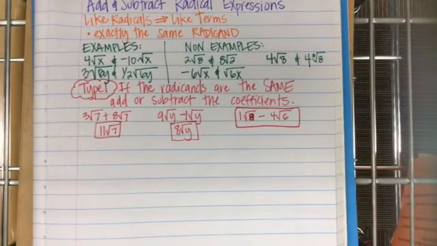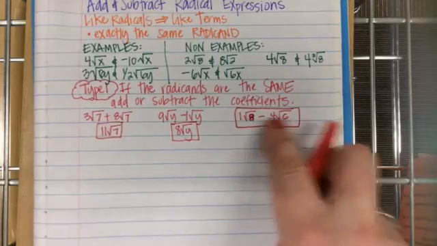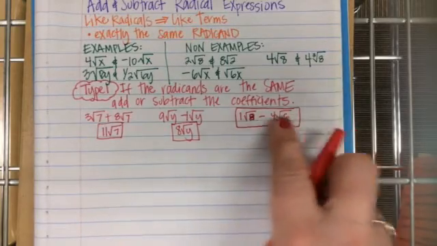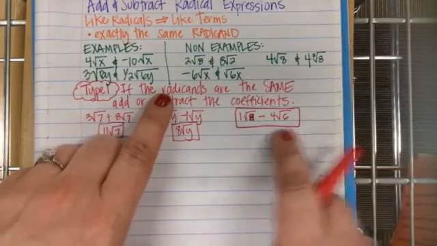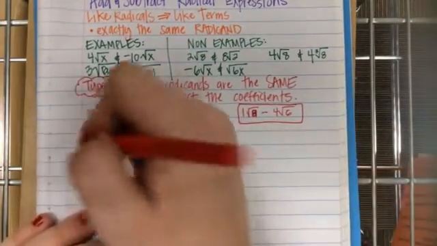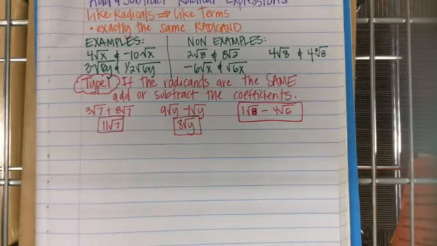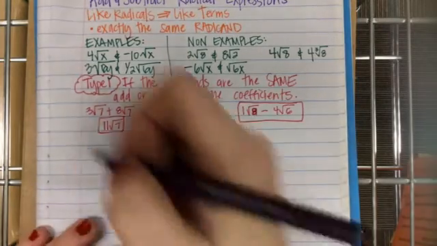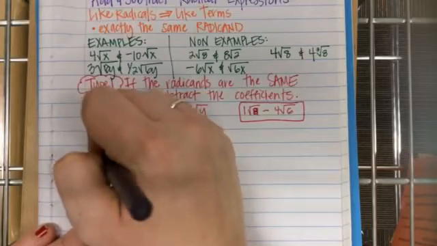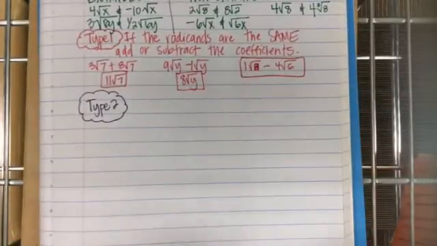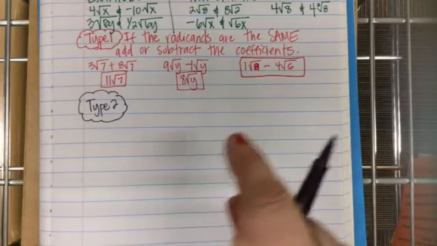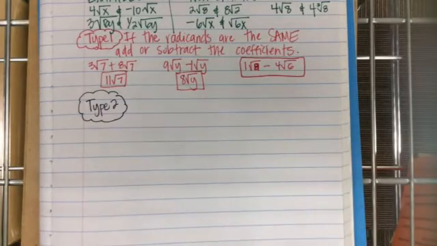Now, before you get super excited and say, oh, sweet, so it's just can you or can't you? You have to then simplify. So this type right here, where the radicands are different, leads to type 2. Let's change color to type 2.